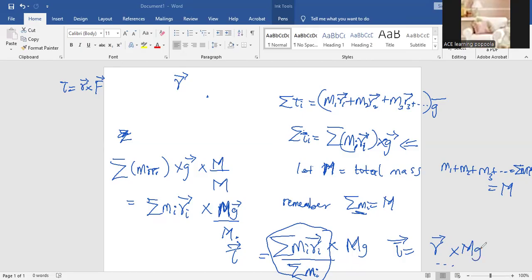This is just proving that mg is the same thing as w. So we are just proving that tau is equal to this times w. That's all we're proving. So tau is also equal to r times w, which we have seen earlier: force times perpendicular distance.